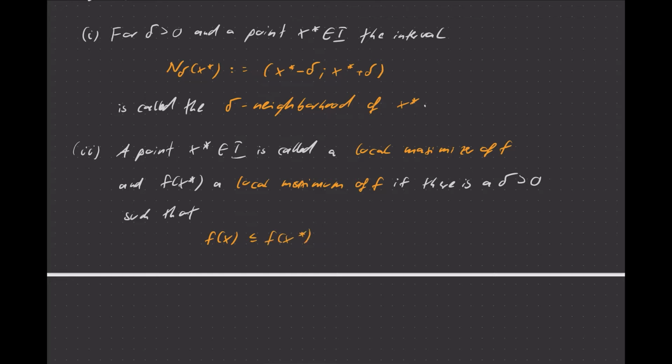So this needs to hold for all x in the neighborhood and of course also in the domain. So the function needs to be defined in order to be evaluated. So we'll require this for all x in I intersected with the delta neighborhood of x star.